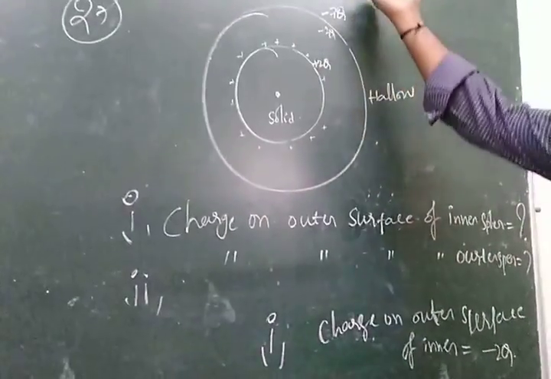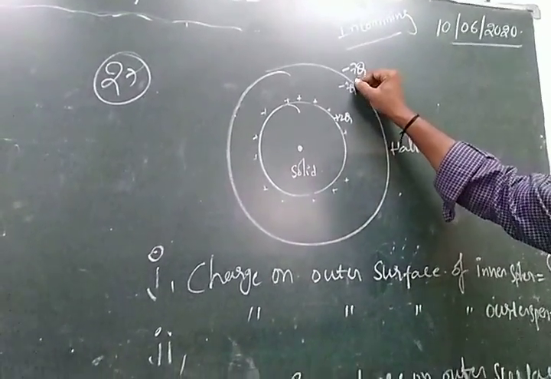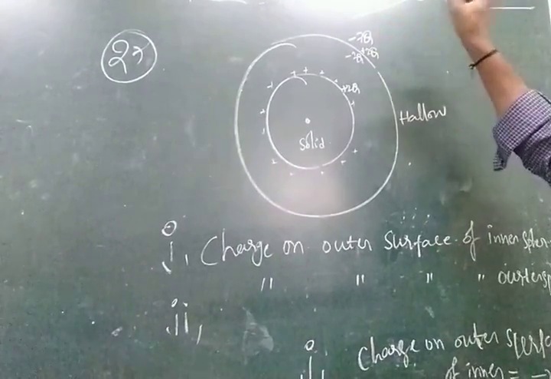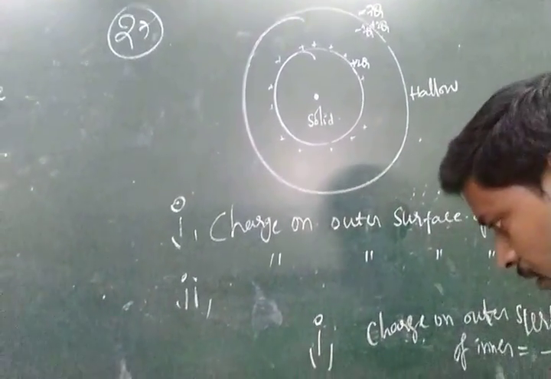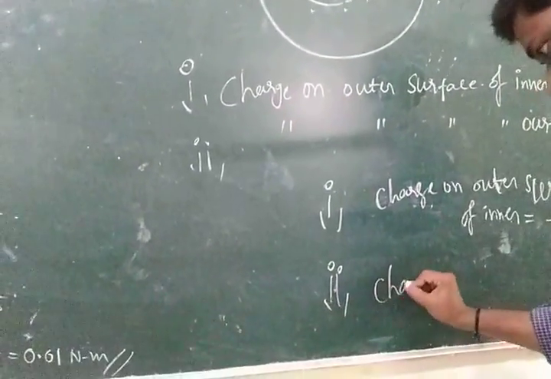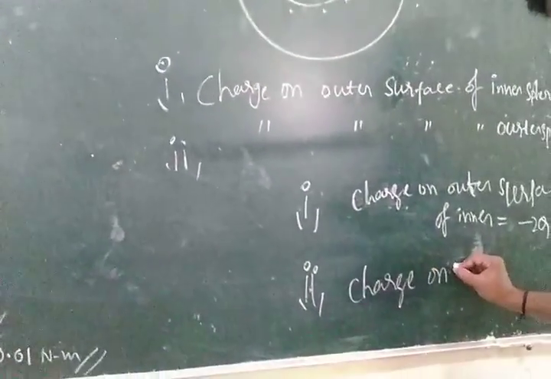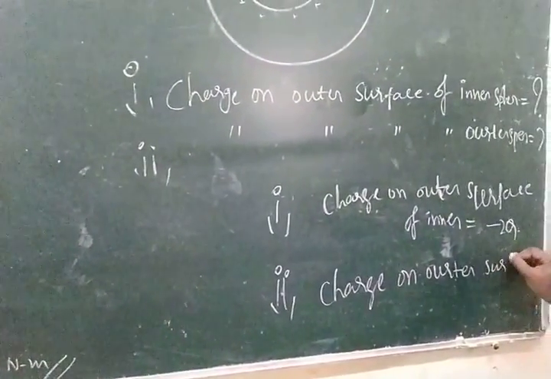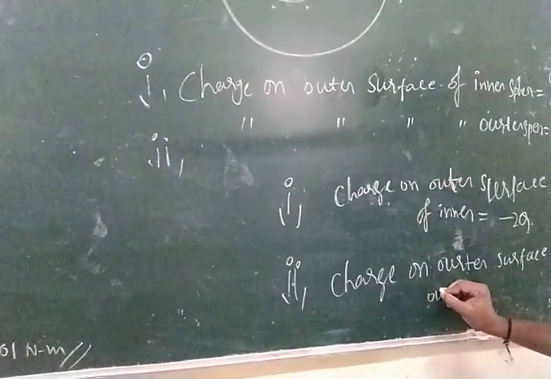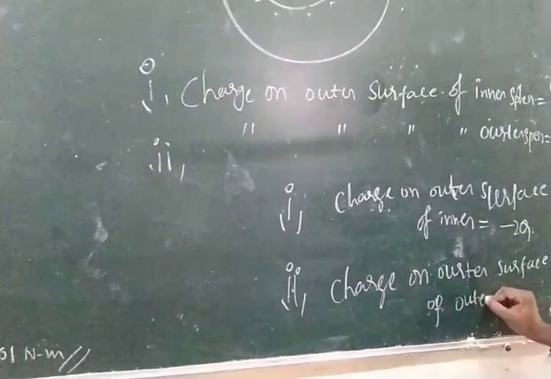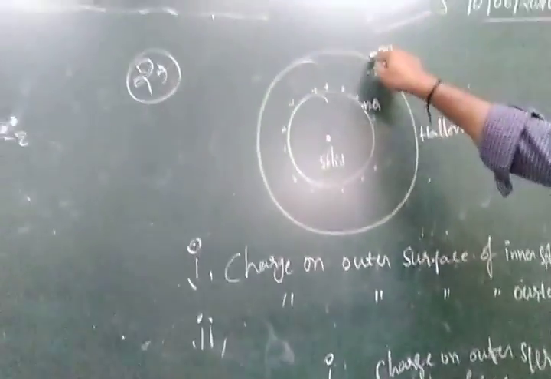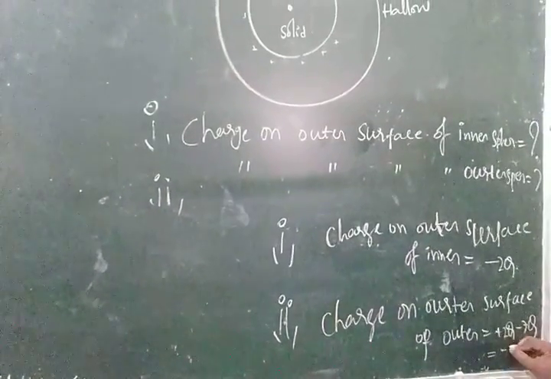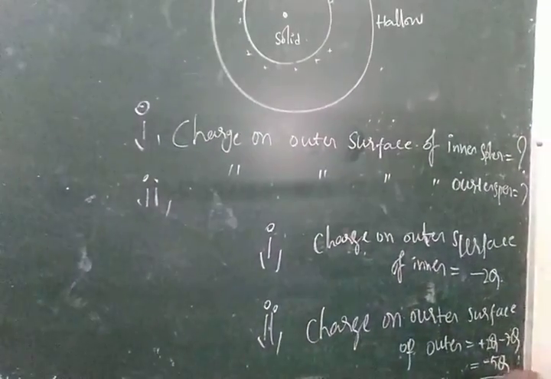This minus 2q charge pulls plus 2q on the outer side, so plus 2q and minus 2q cancel. Next, the charge on the outer surface of the outer sphere is plus 2q minus 7q, which is equal to minus 5q.